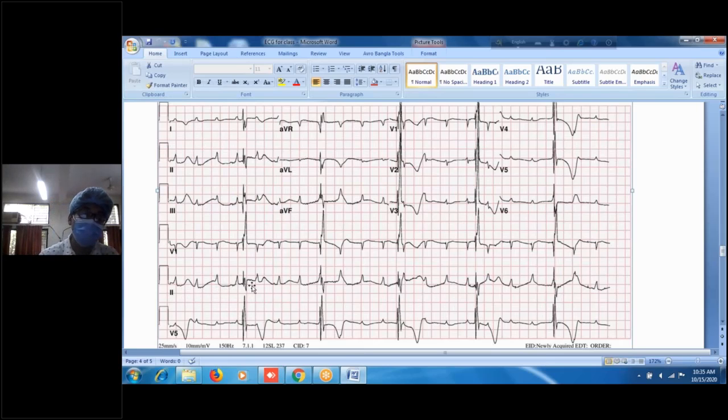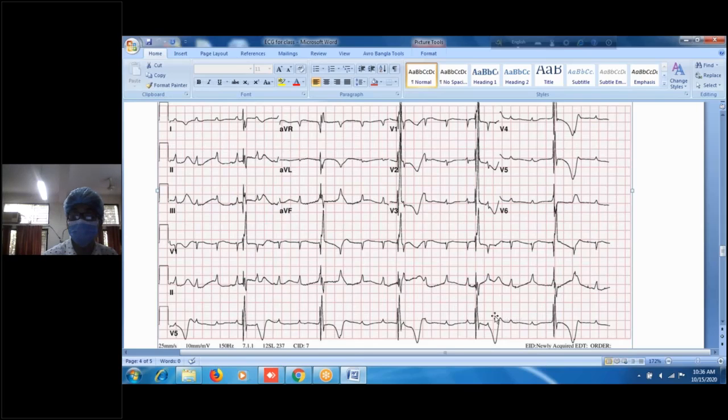Here you see one QRS complex, this is another QRS complex, and this is another QRS complex. The R waves are widely spaced here.